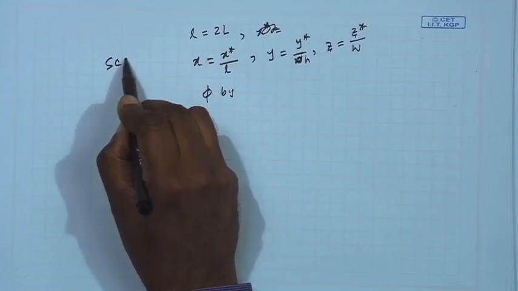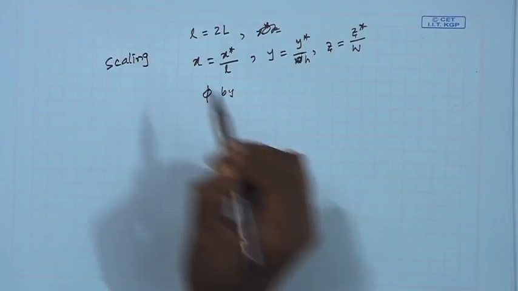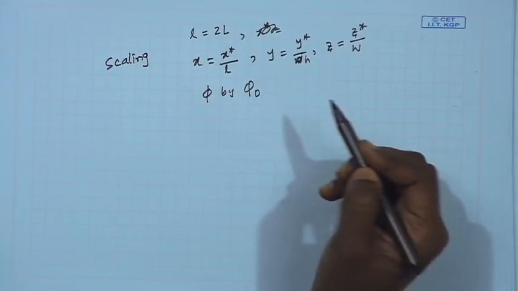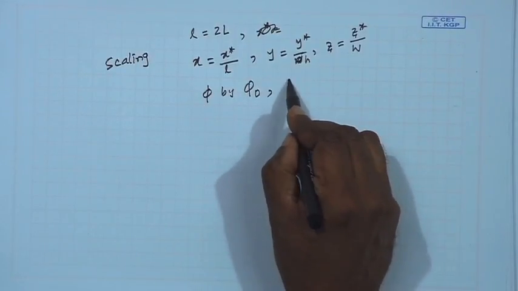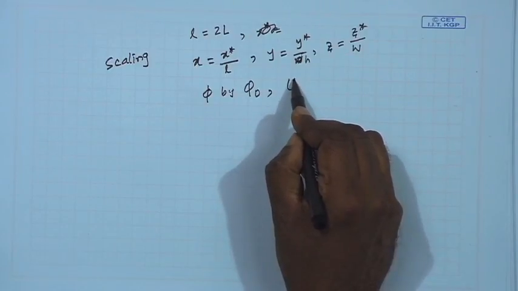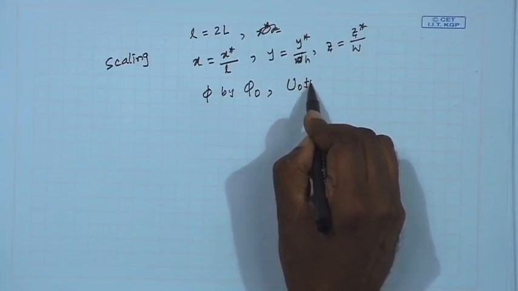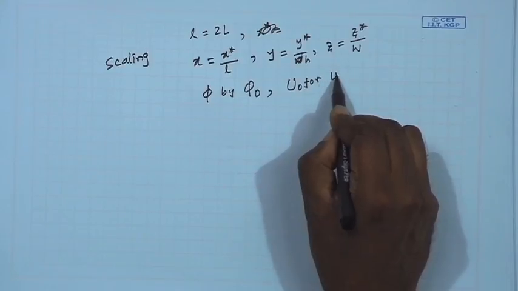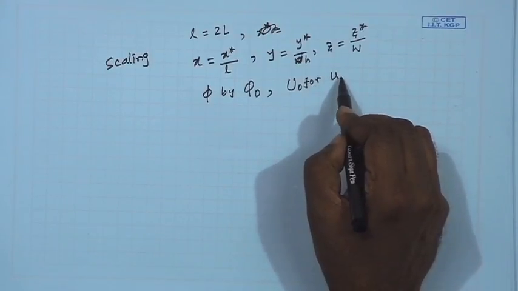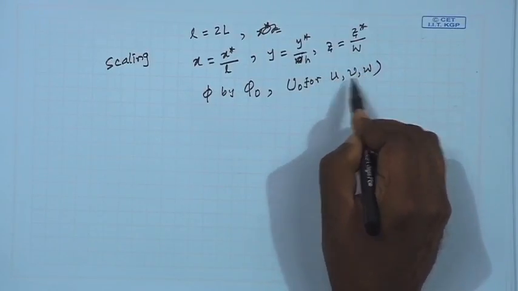So we are talking about scaling. Phi by phi 0 is the thermal potential, and u0 is the velocity scale for u, v, w, the three components.